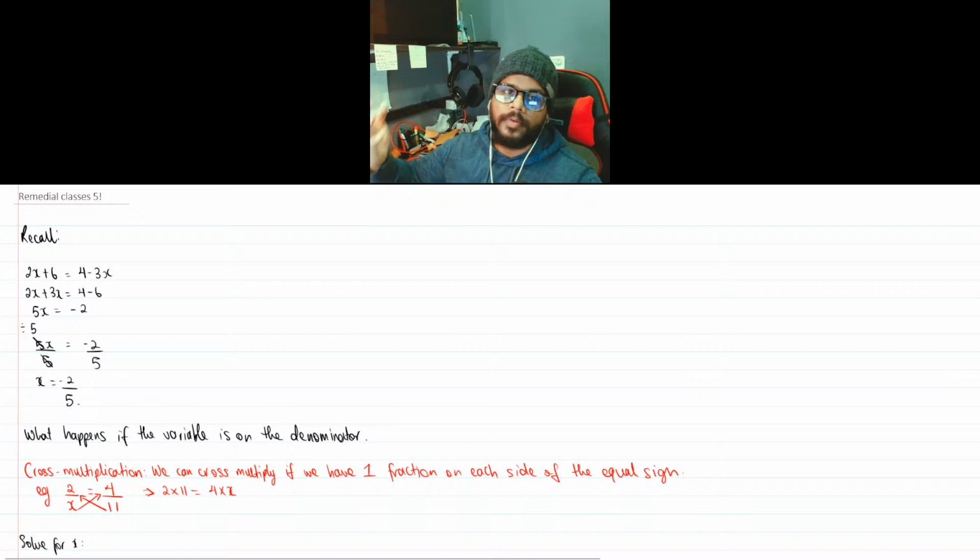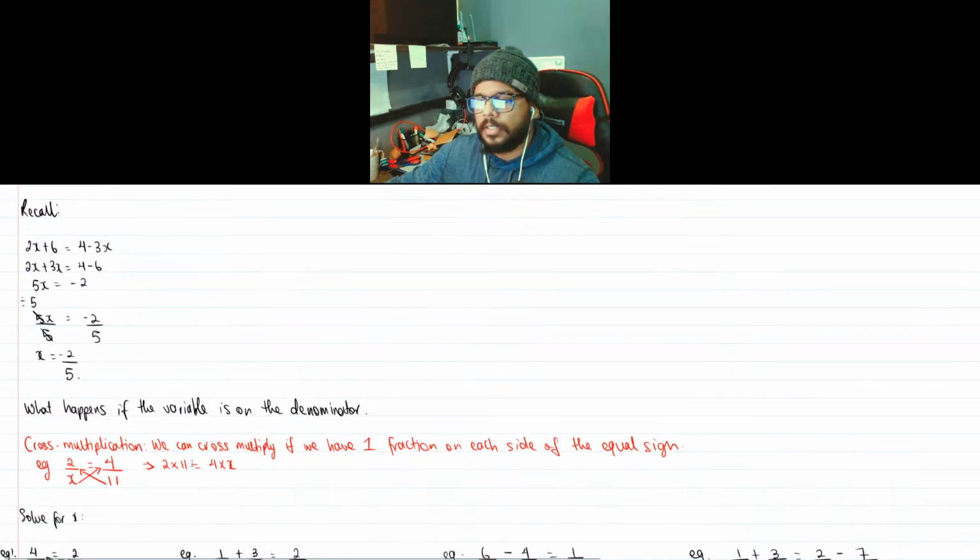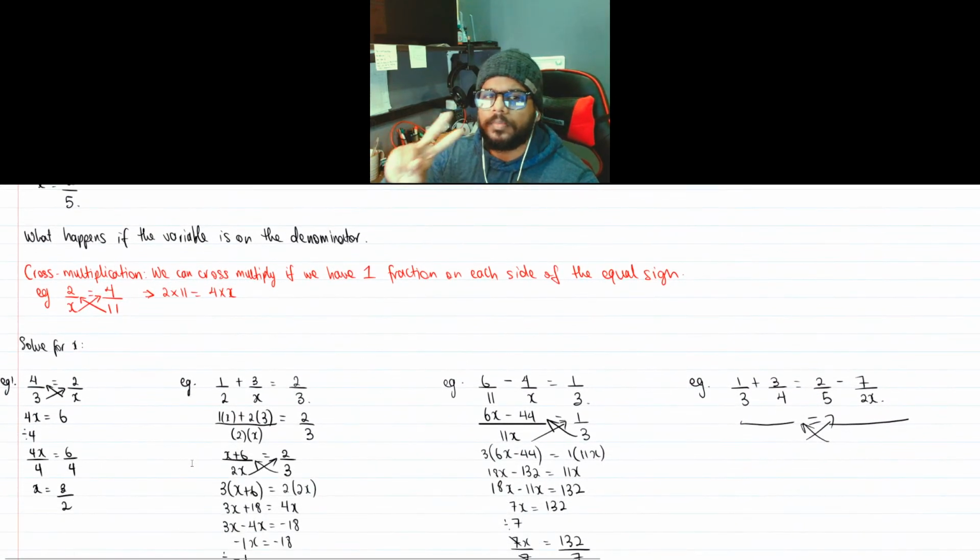So, like, I'll recap then. Last week before, we learned how to solve linear equations, but in all of those equations, the variable is on the numerator. Last week, we did examples where the variable was on the denominator, and it just took two simple steps. In some cases, the first step was an LCM, and the second step was a cross multiplication.